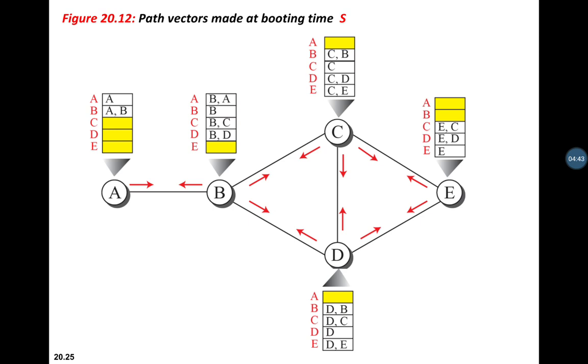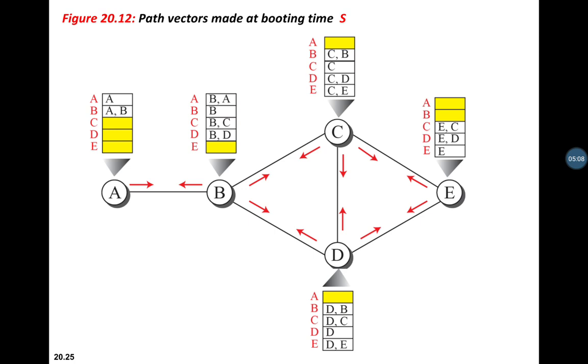A node sends greeting messages to the immediate neighbors to collect the following piece of information. You can see in this figure all the path vectors which are created. So you can see A, B, C, D, E with respect to these, the path vectors created.